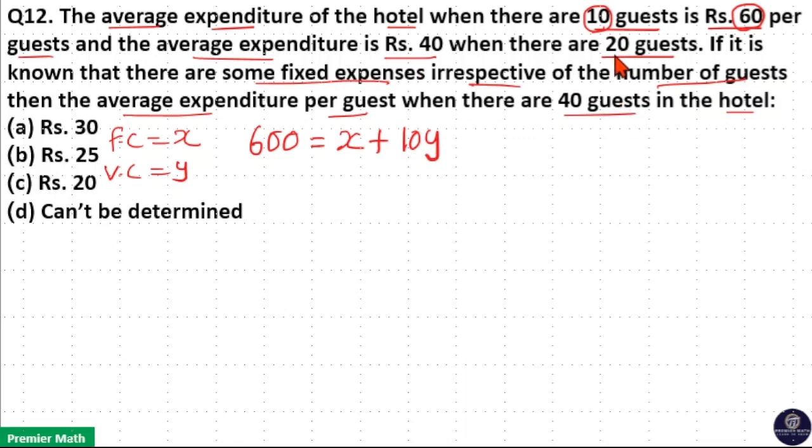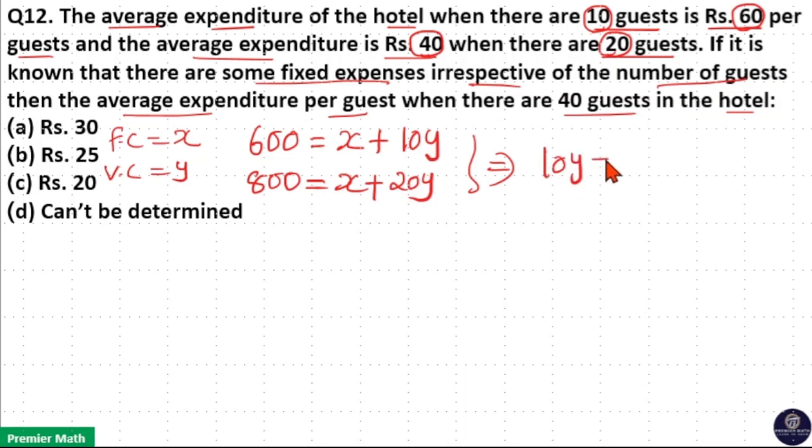Now, when there are 20 guests, 40 is the average. So, 40 into 20 is the total cost, that is 800. Total cost is equal to fixed cost X plus variable cost Y. For 20 people, 20 into Y is the variable cost. Now, from these two, X cancels. 20Y minus 10Y is 10Y, which is equal to 800 minus 600, 200.